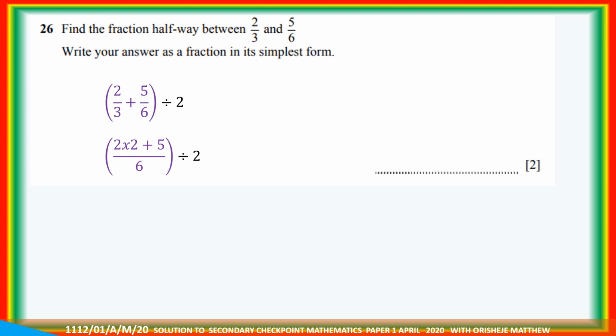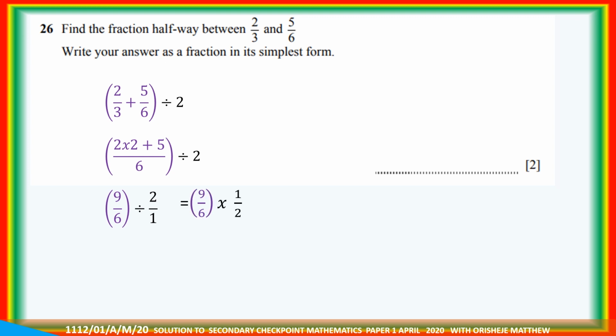So the LCM of 3 and 6 is 6. So 3 goes into 6 twice, 2 times 2 gives me 4/6. Then 4 plus 5 is 9/6. Then divide it by 2.